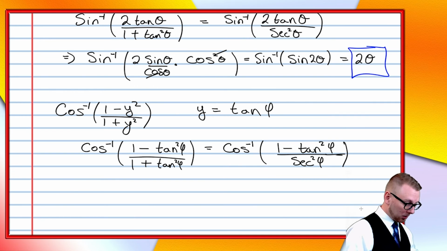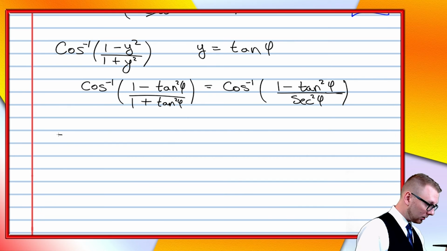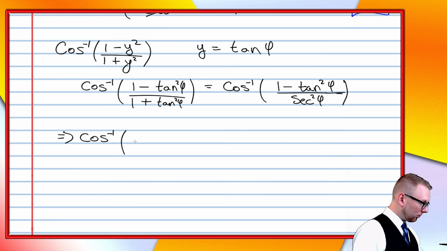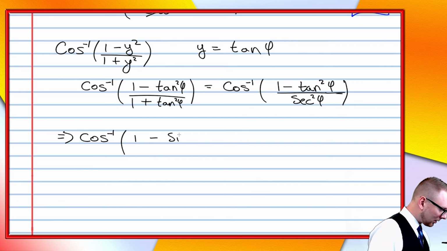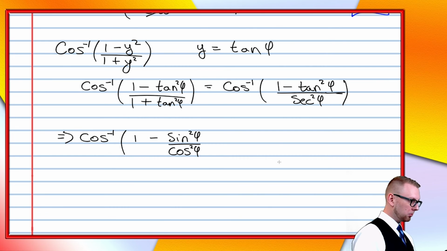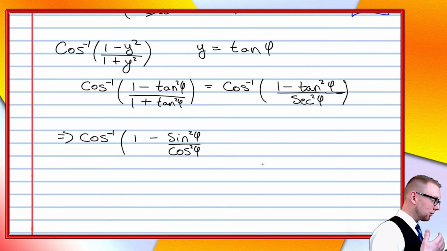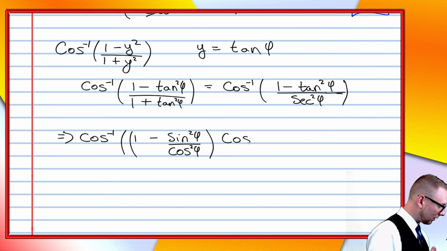Let's do a little bit of fun division. This is going to turn into cosine inverse. Well, 1 minus tan squared is sine squared over cosine squared. Secant squared, well, that's 1 over cos squared. So this will just turn into a cos squared again.